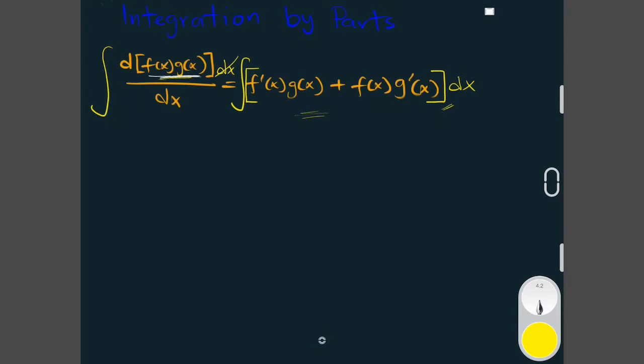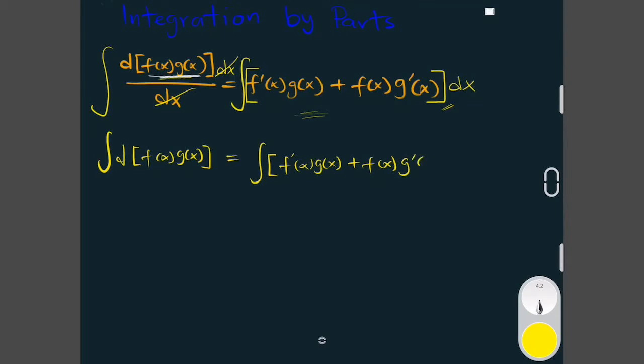On this side, we see the dx's cancel, and we're left with the integral of d[f(x)g(x)] is equal to the integral of [f'(x)g(x) + f(x)g'(x)] dx. But we know from the fundamental theorem of calculus that an integral of a derivative, so if we had a function q(x), is equal to just q(x).